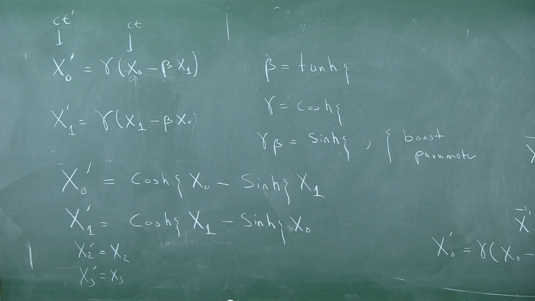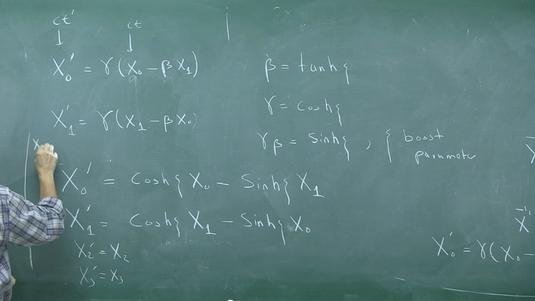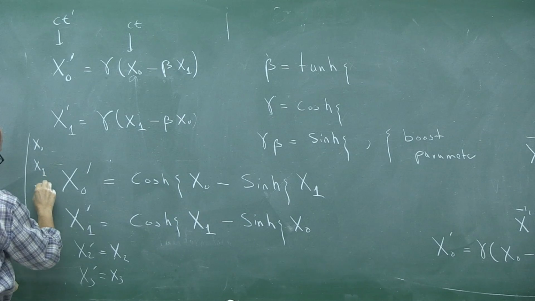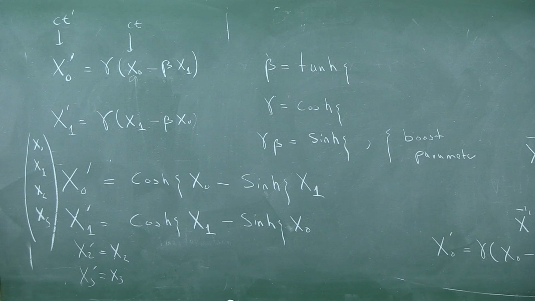So what is the matrix representation? x0 prime, x1 prime, x2 prime, x3 prime, and here you have x0, x1, x2, x3.